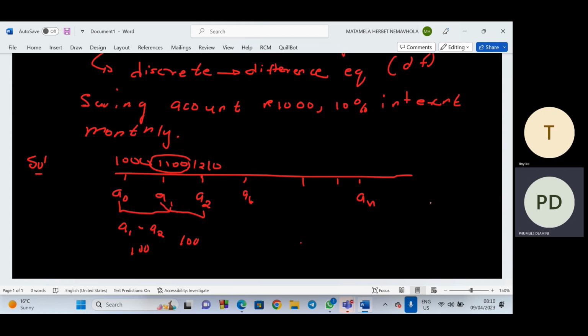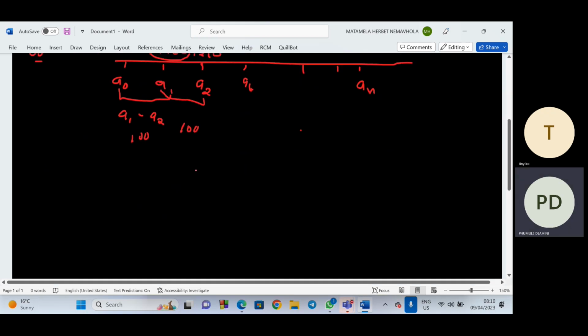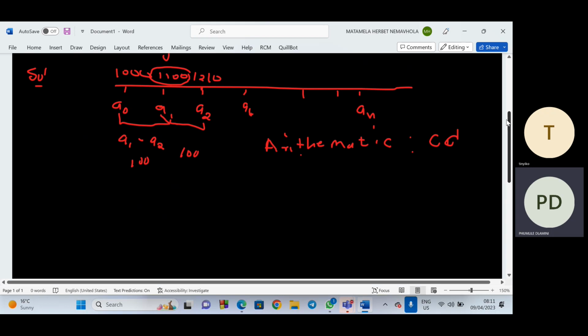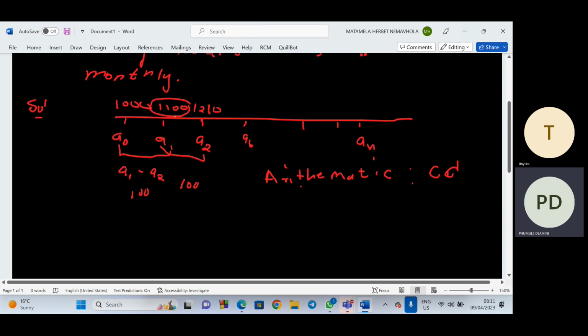This takes us to what you did in grade 12, arithmetic sequences, where you find the common difference. But this difference may not be the same, because from here to here you will find the difference is 110, and so on.